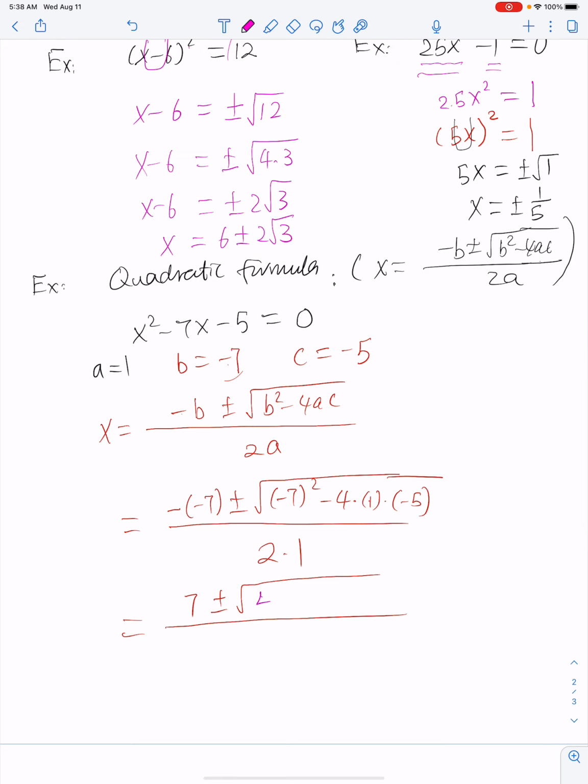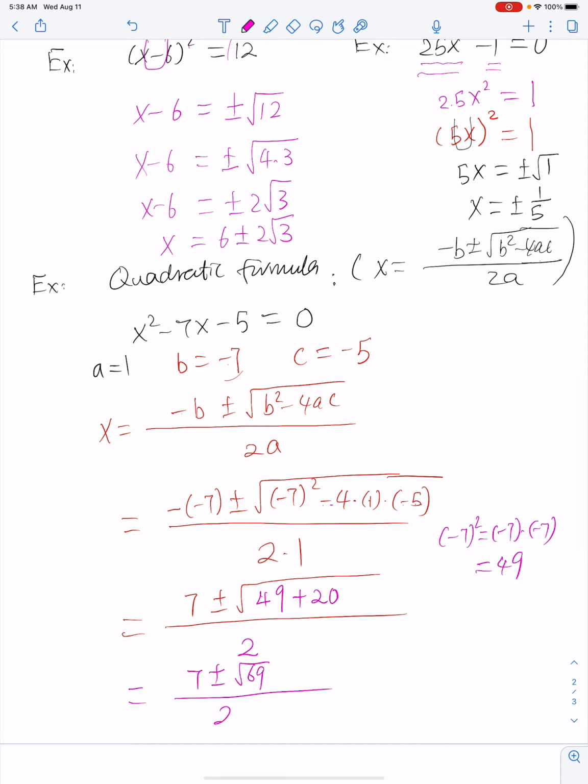Negative 7 squared is negative 7 times negative 7, which is positive 49. Negative 4 times negative 5 is positive 20. So we have 7 plus or minus the square root of 69, over 2. So these are the three methods. Nice.